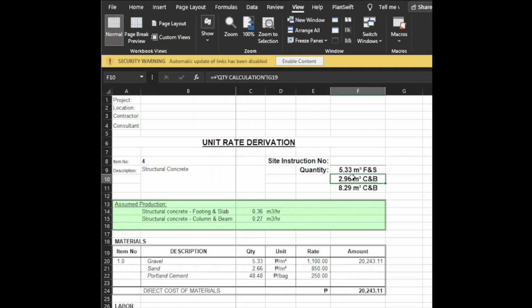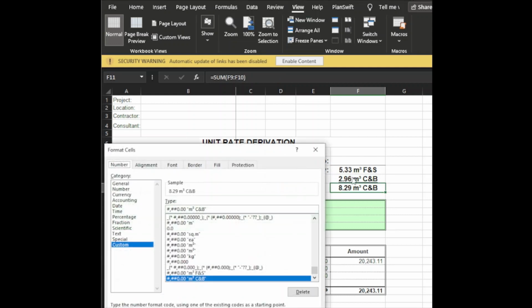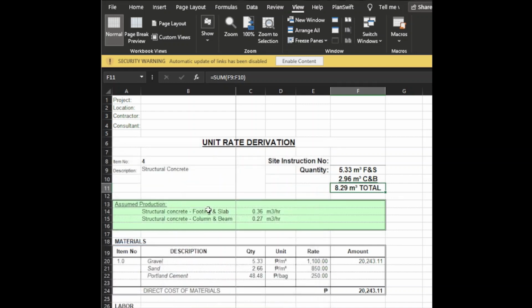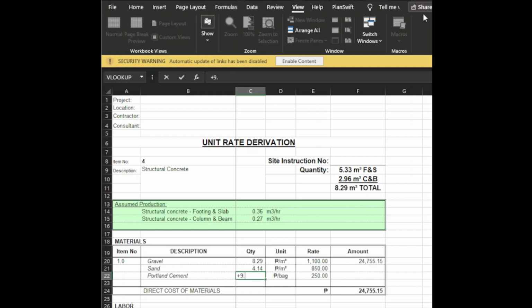I will just put this one, we will put total. Okay, total 8.9 cubic meter total. So gravel is, we will multiply it to the total because we have the same materials. So this one, and the sand also 0.05 times the total quantity, and the Portland cement, so 9.1 times the total quantity again.